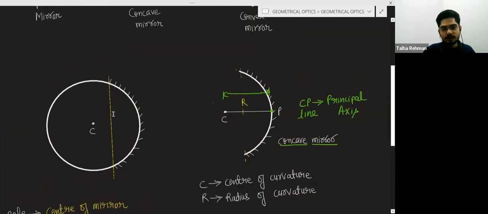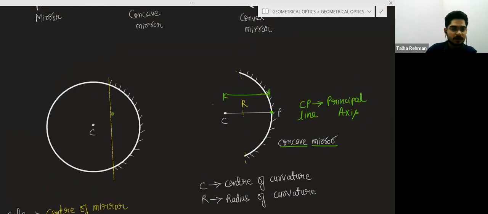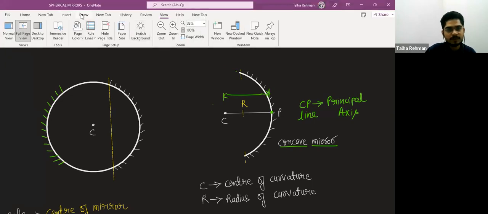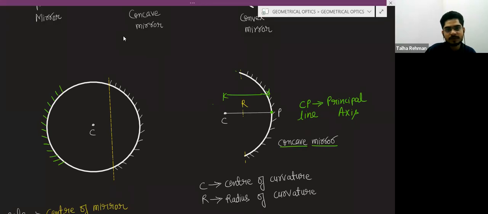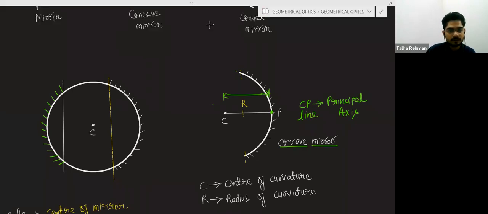After that, suppose you want to make a convex mirror. You will polish like this on a sphere. You can take another sphere also, and you will cut this part of the sphere like this. When you cut this part, you will get a convex mirror.